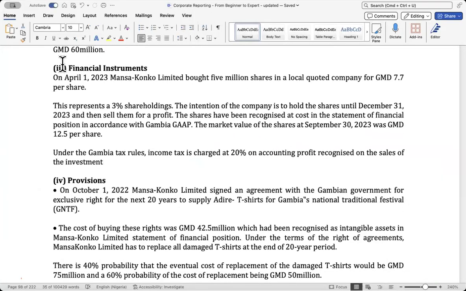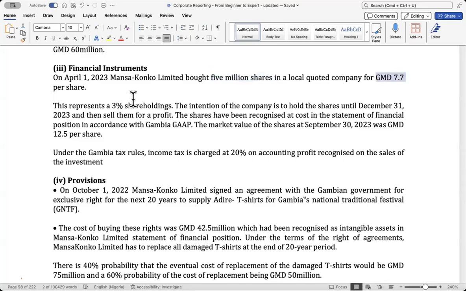The third one is the financial instrument. They said in April 2023, this guy, Mansa, bought 5 million shares in a local quoted company for 7.7 GMD per share.